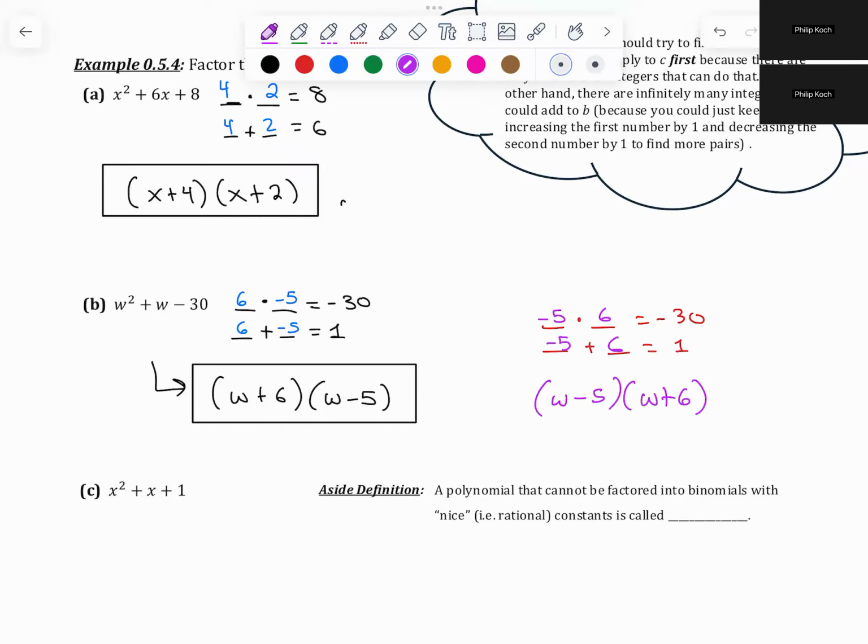Who's right? They're the same. Remember, commutativity of multiplication. We've got one term times another term. You can flip it around however you see fit. So it doesn't matter which one you think of first. As long as it multiplies to C and adds to B, you're good. Commutativity ensures that they're the exact same thing.